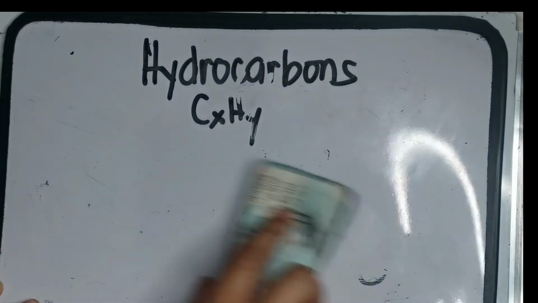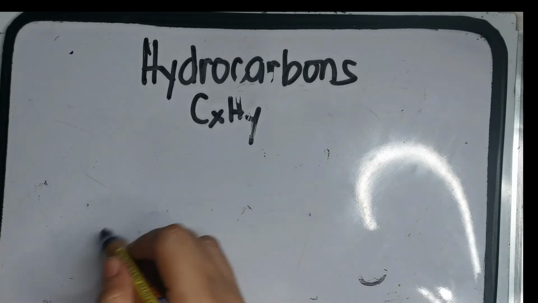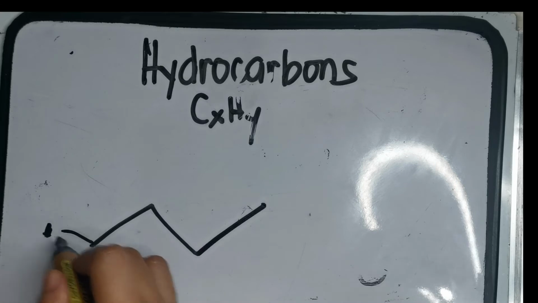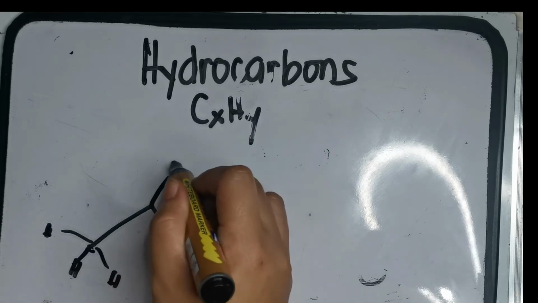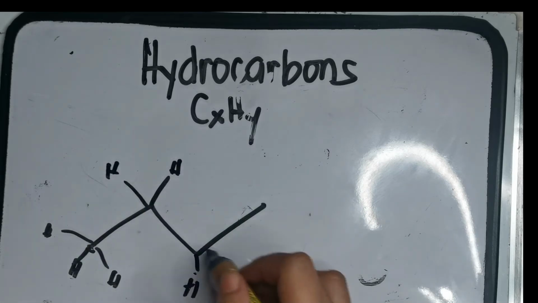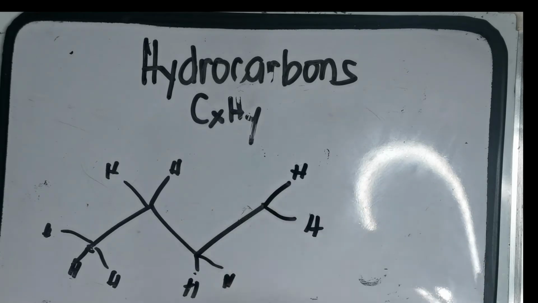yung C4H10. So as you can see with the line structure formula, so we have 1, 2, 3. So with H, H, and H. So ito yung line structure natin. So, napaka-haba or napaka-longest line structure.